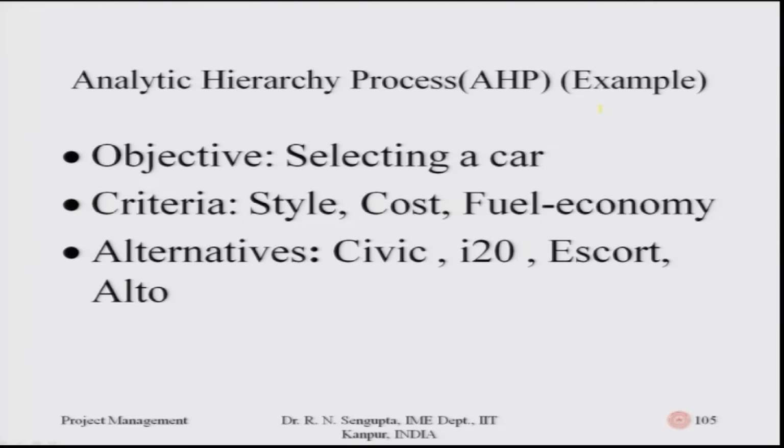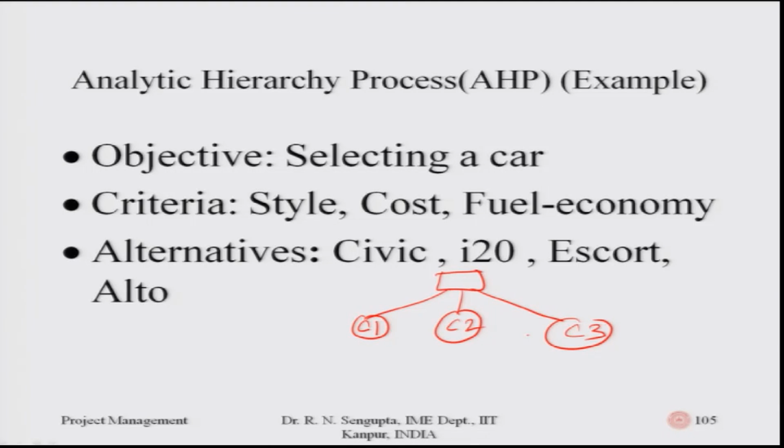What I mean by the criteria and sub criteria is this: your main decision is to buy the car, and the first level of the hierarchy is the criteria. I will put the criteria as C1. So, style is C1, the next one, cost, is C2, and the third one is C3, which is fuel economy.